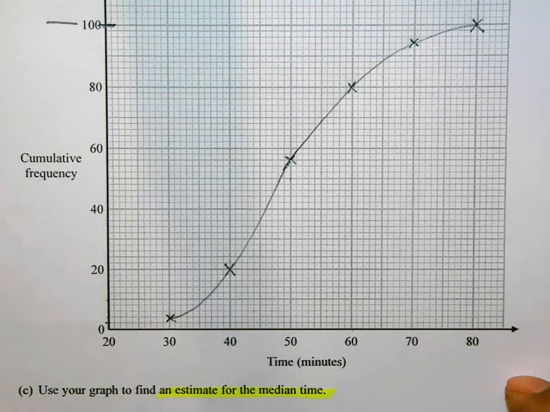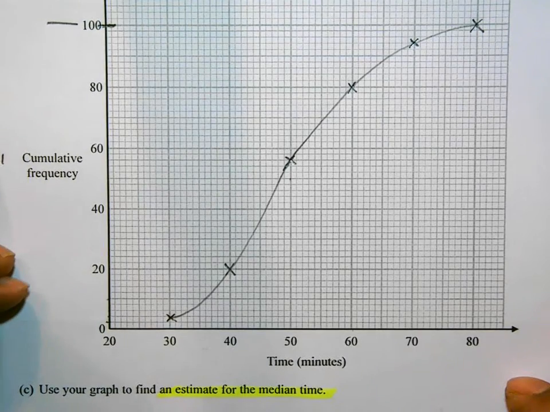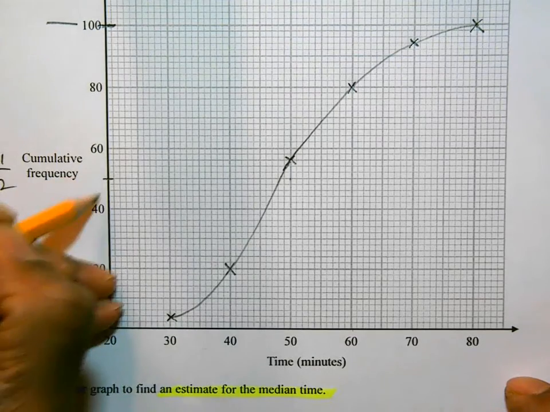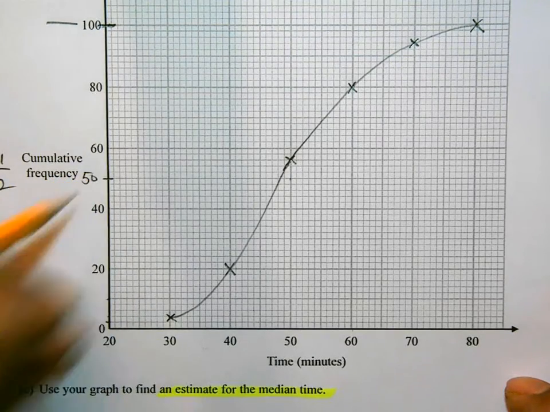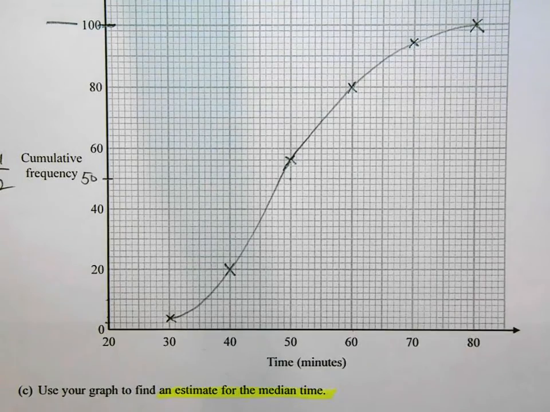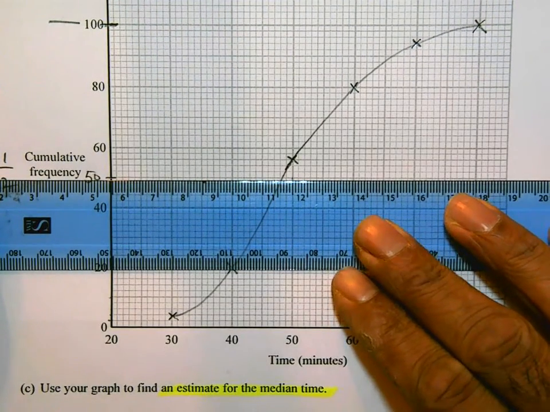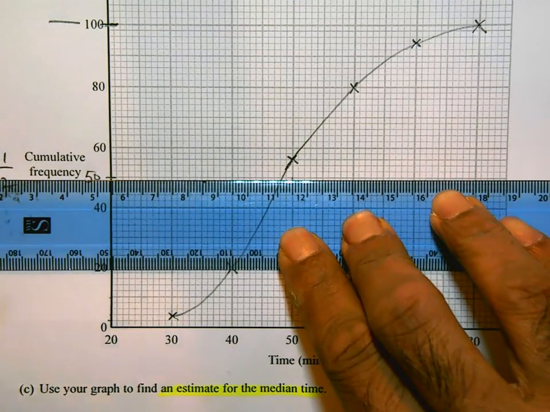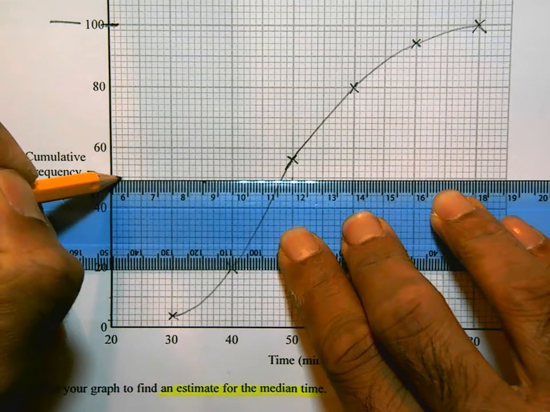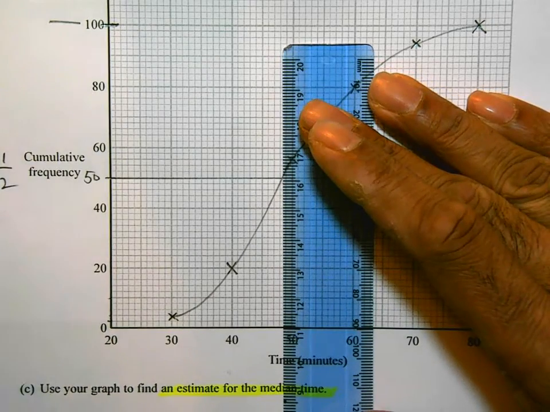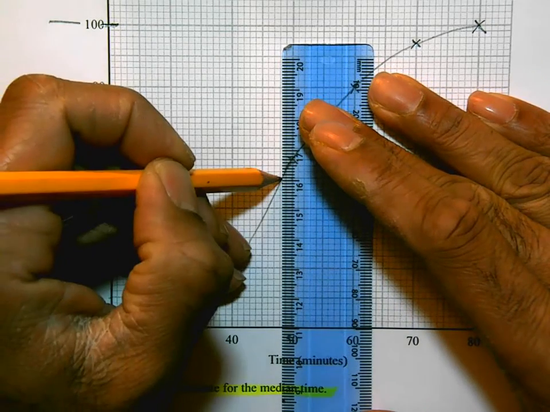In our case, it goes up to 100. That's going to help me work out the median time, because halfway up to the very top is 50. Now that's not the median time, but of all the 100 people, that's the halfway person, and that's going to help me work out the median time.